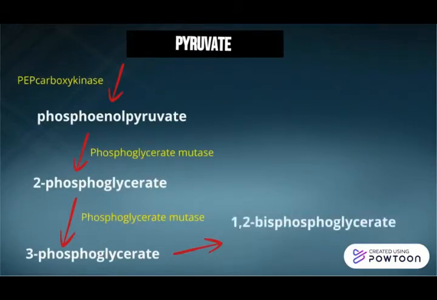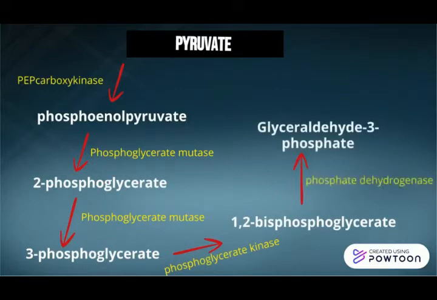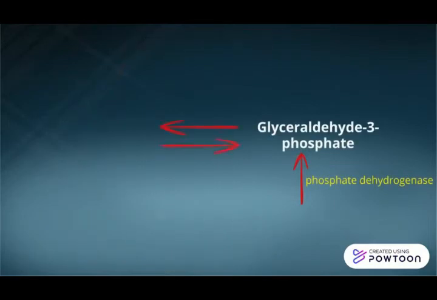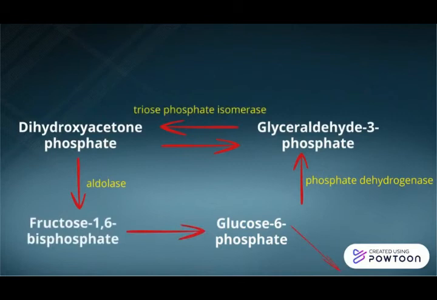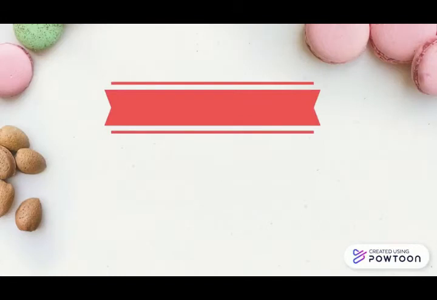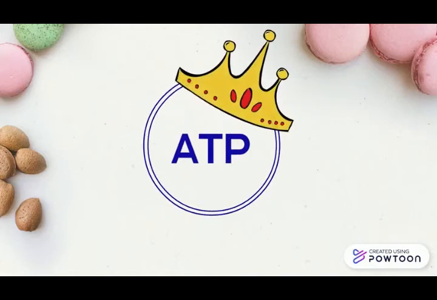It then undergoes a few steps to form glyceraldehyde 3-phosphate. Glyceraldehyde is then converted into dihydroxyacetone phosphate. It is then converted into fructose 1,6-bisphosphate first, then converted into glucose 6-phosphate. Glucose 6-phosphate is then converted into glucose, which is the source of ATP.